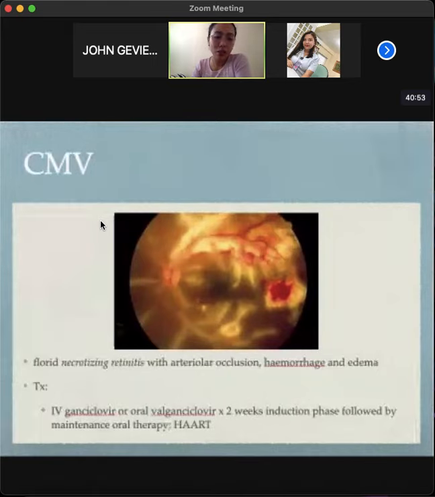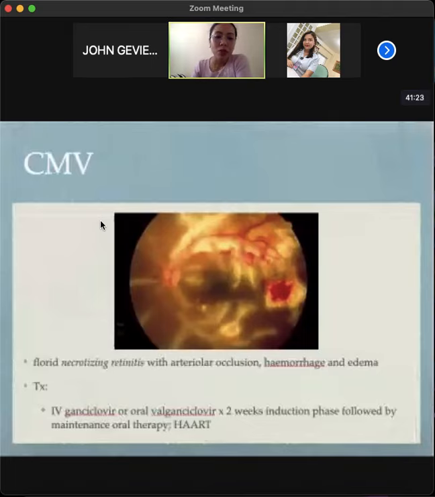So we see a lot of referrals for screening for CMV, usually HIV or immunocompromised patients. So these viral infections are manifested in the eyes, especially again in immunocompromised individuals with very low CD4 count. So you would see a florid necrotizing retinitis with arteriolar occlusion and hemorrhages and edema.